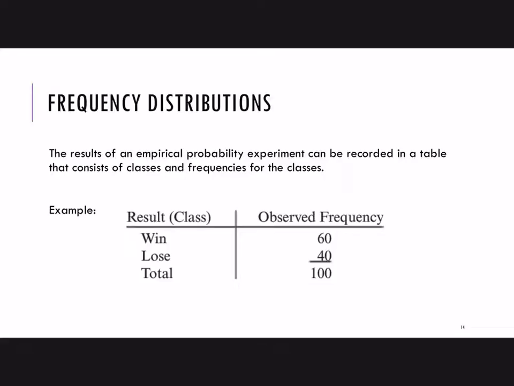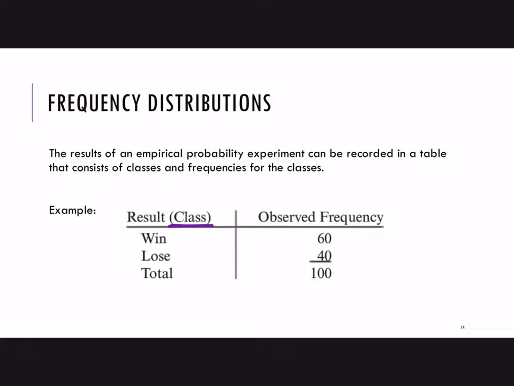Now here's how we usually record the results of an empirical probability experiment. We use a frequency distribution table. On the left, you usually record what are called the classes, and these would just be the types of results. So your classes could be winning and losing. For a coin, your classes would be heads and tails.